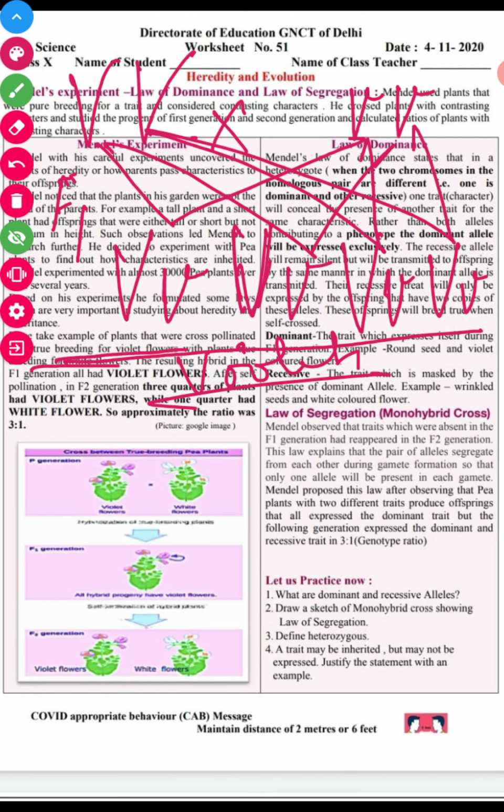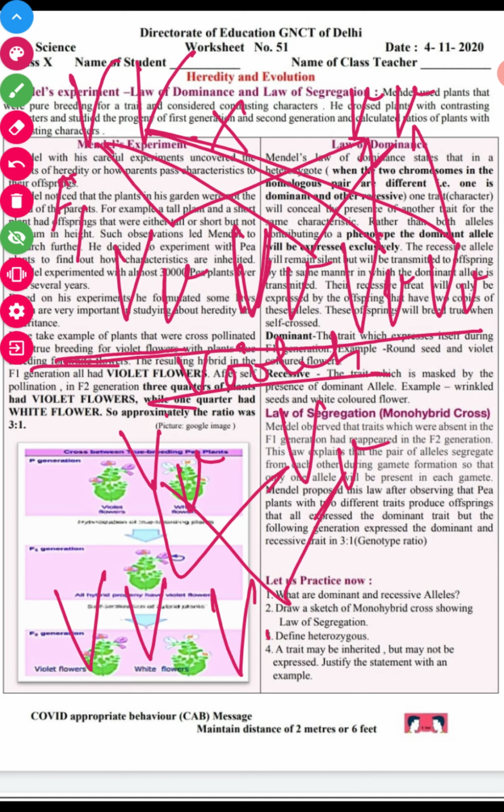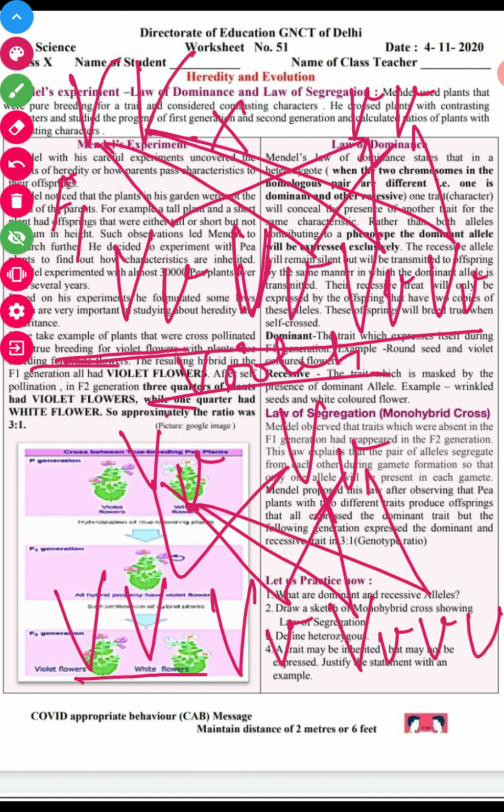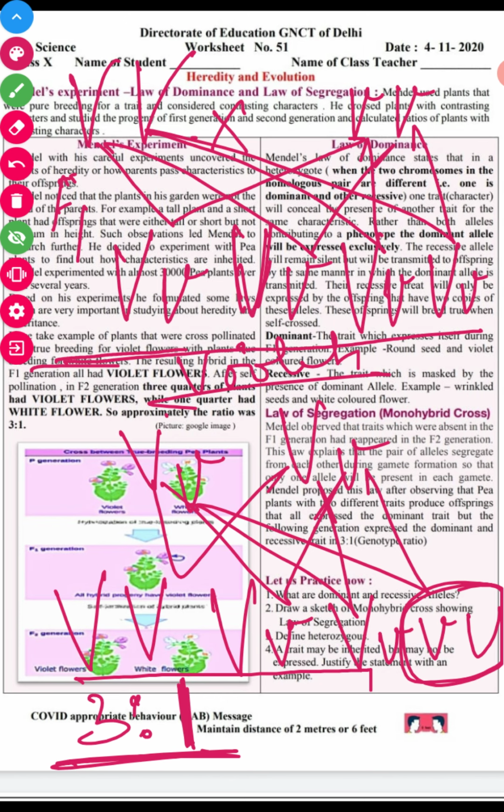Then this F1 generation was self crossed, so it will be like capital V and capital V, capital V and small v, small v and capital V, and small v and small v. These three have the capital V, so they are of violet color, and this is the pure breed having the white color flower. So the ratio is 3:1.